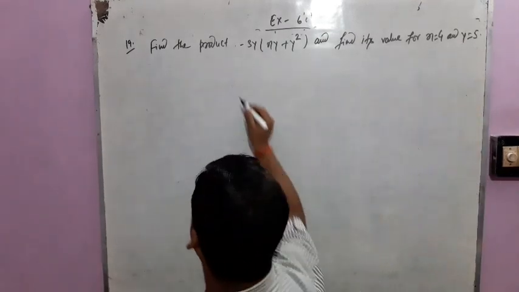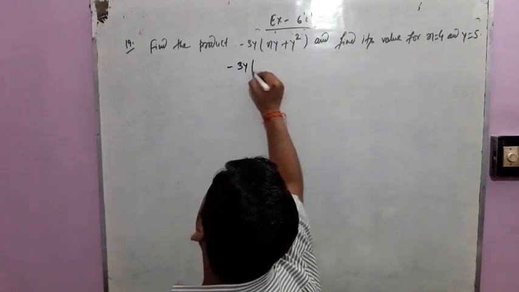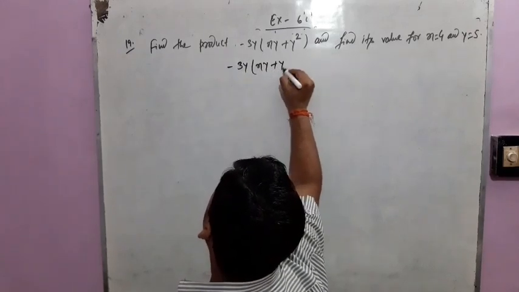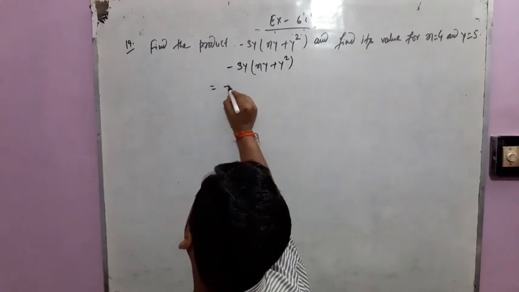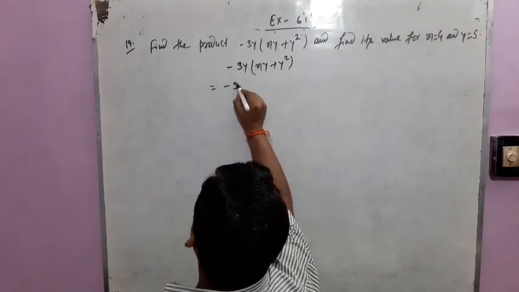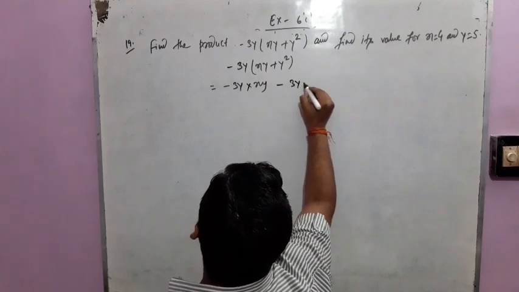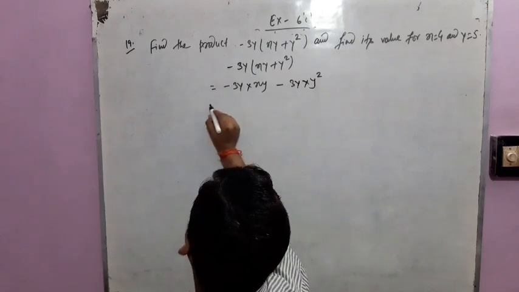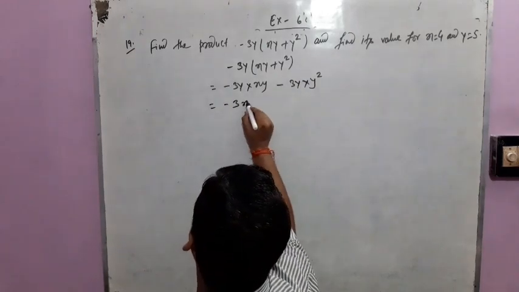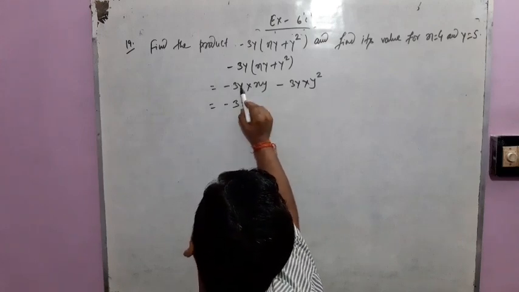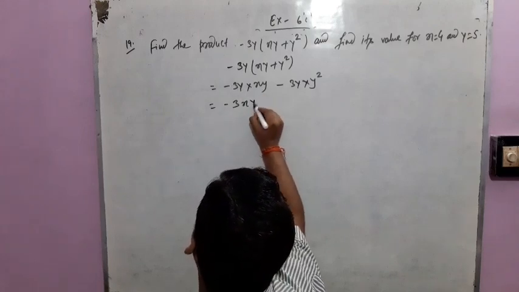So look here, minus 3y we are going to multiply with xy plus y square. So minus 3y into xy, minus plus minus here 3y into y square. So minus 3x here, and when we add the exponents of y, we get y square.